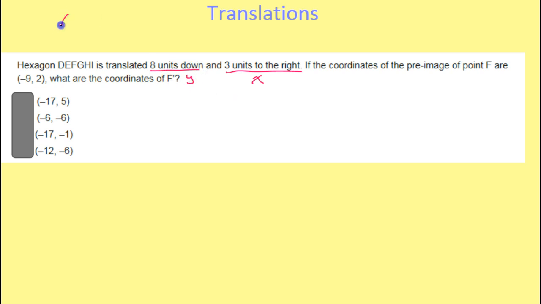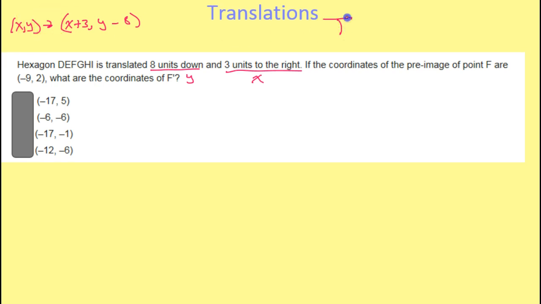So let me put this back in the normal order. We're really doing 3 units to the right, so that's x plus 3, and 8 units down, so that's y minus 8. So that's the rule that we're doing.